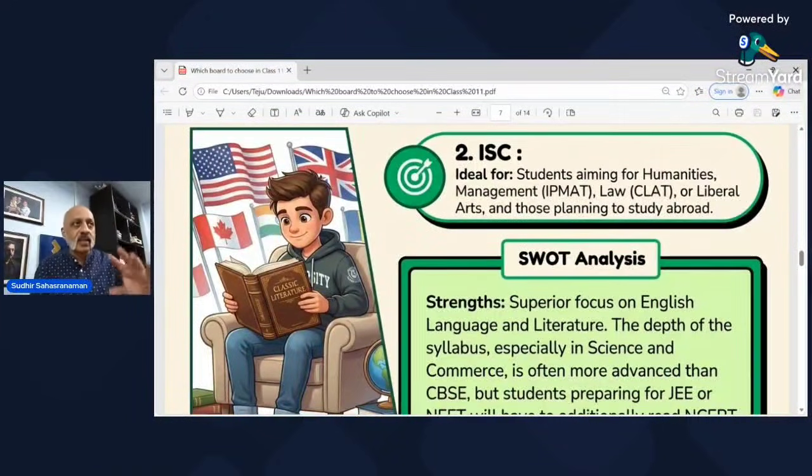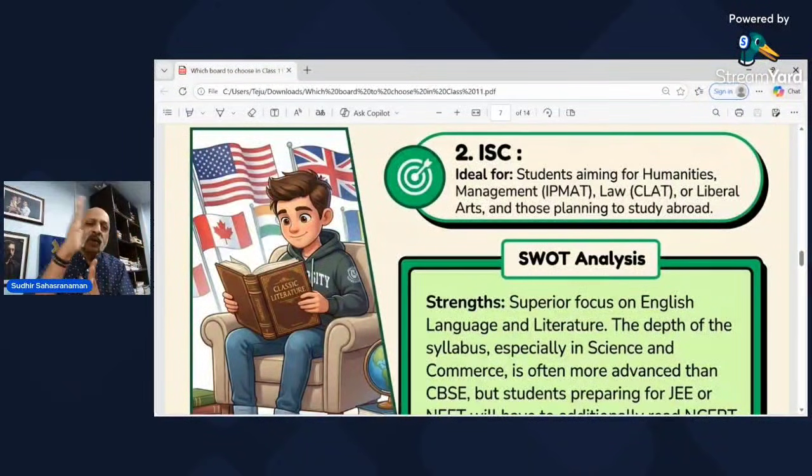After ICSE, my advice to ICSE students is that if you have studied in ICSE from class 1 to 10 or 6 to 10 or 8 to 10, whatever, you are used to the ICSE pattern, and my advice to you would be to stick to the ICSE board, that is, go to ISC instead of switching over to CBSE.